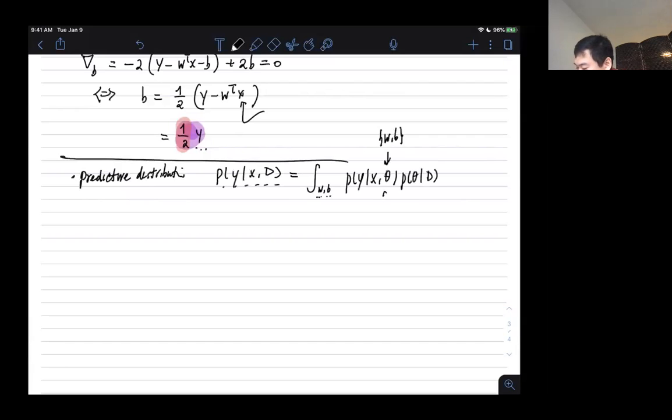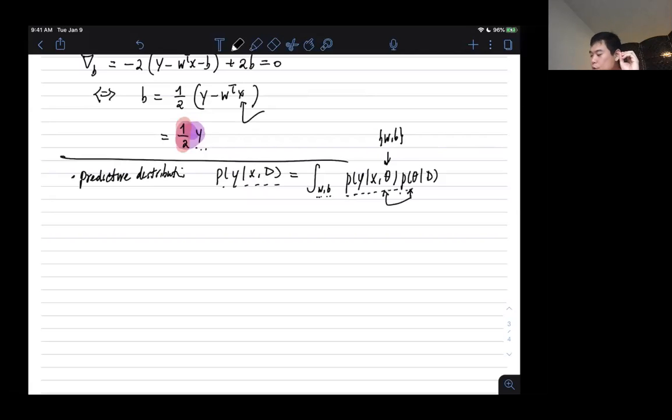So what was the rationale behind this factorization? Given a machine, if somebody already gave you a machine and told you that this is the right machine to use, there's no reason for you to look at the data. That's why the first term inside this integration doesn't depend on the data, because somebody told you that this is the machine that needs to be used.